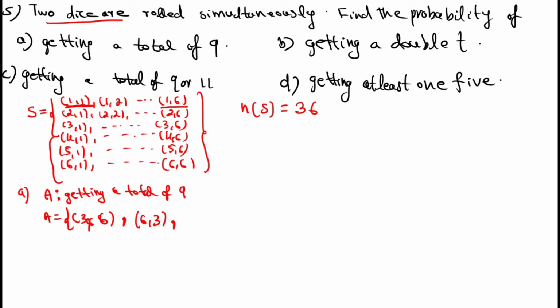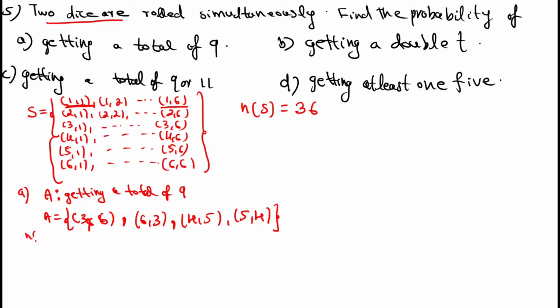Then (4,1), (4,2), (4,3), (4,4) is not possible, but (4,5) is possible. Why? 4 plus 5 is 9. If (4,5) is possible, then (5,4) is also possible. And (6,3) is already written, right? So these are the possible outcomes for event A.